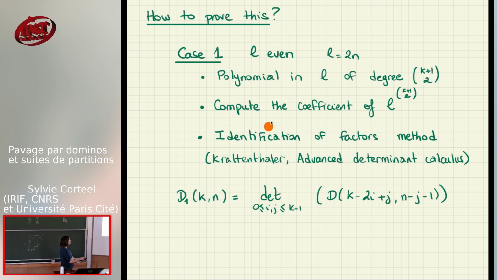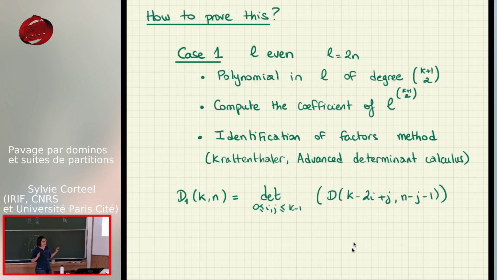You compute the coefficient of the leading term of your polynomial, okay? And then you do some very difficult step that only Krattenthaler can do, okay? And what you're going to do is you're going to get your factors out one by one by using some hypergeometric manipulations, okay?